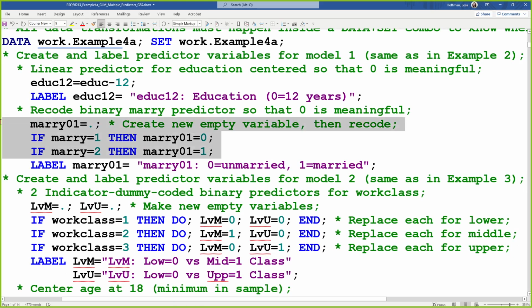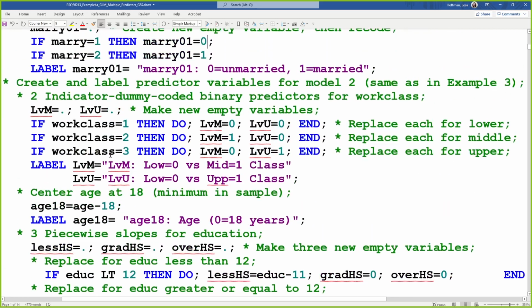This is how I would make a new variable out of a categorical variable. So when there's a finite number of possibilities, you can do it this way. In this particular case, because what I'm actually doing is just subtracting 1, I could do that instead, and that would be fine.